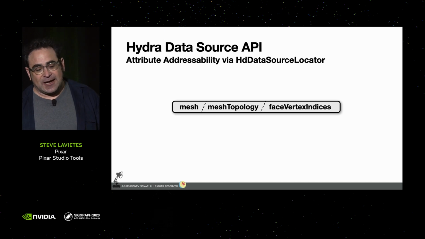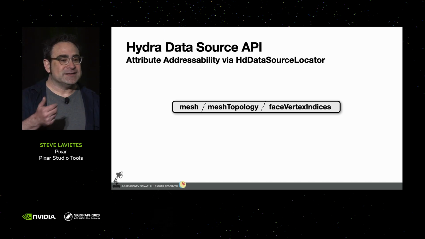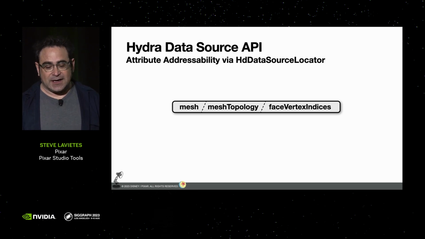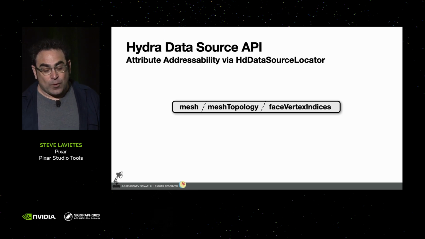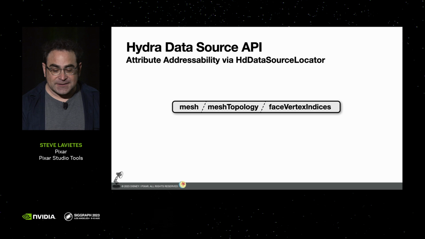So in this case, we have a locator, and it really has two path elements: mesh topology and face vertex indices. And you can see how that aligns with the previous structure that I was showing. Locators are also very important for invalidation, and I'll cover that next.